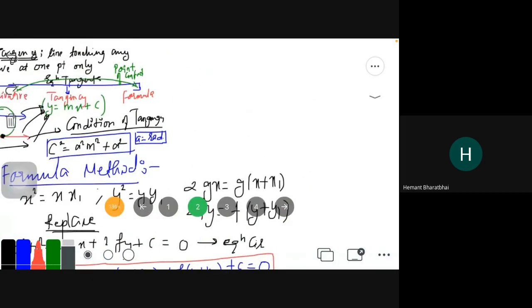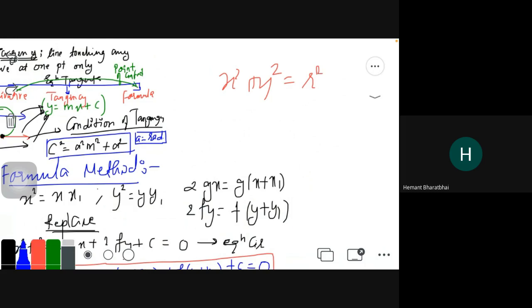Suppose you have this standard circle, something like this: x square plus y square is equal to r square. How will you write the equation of the tangent? Simple. Wherever there is x square, replace it with xx1. Wherever there is y square, replace it with yy1, is equal to r square.